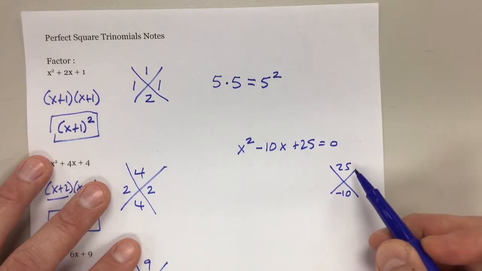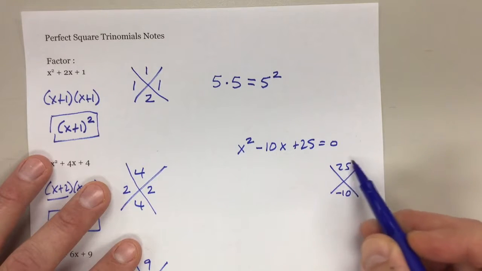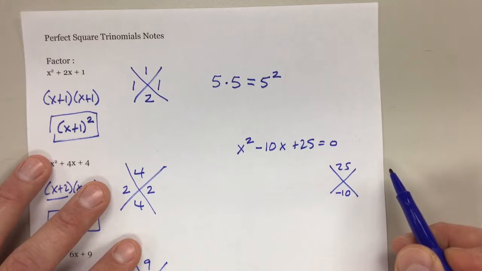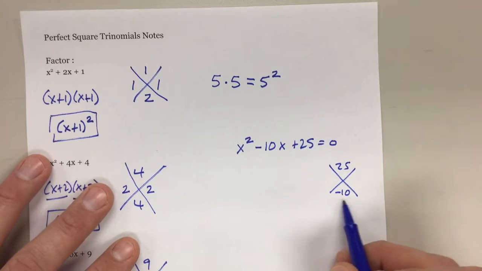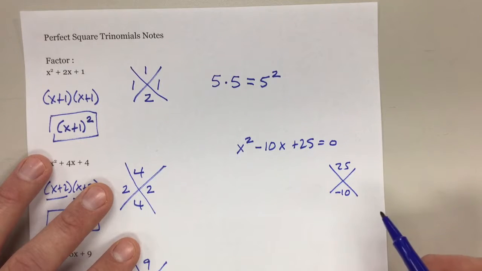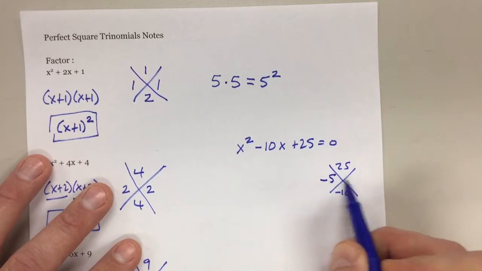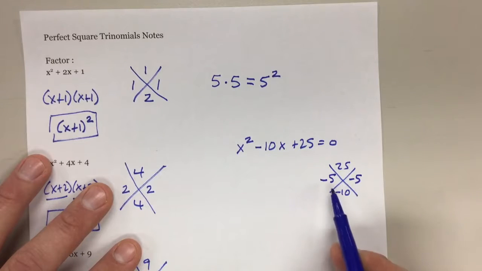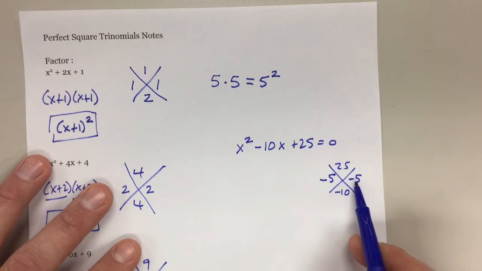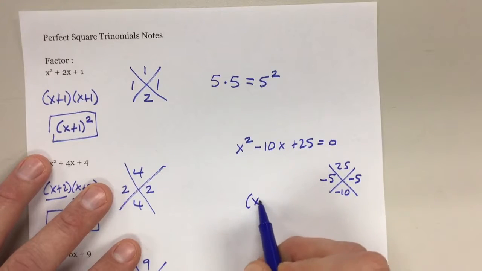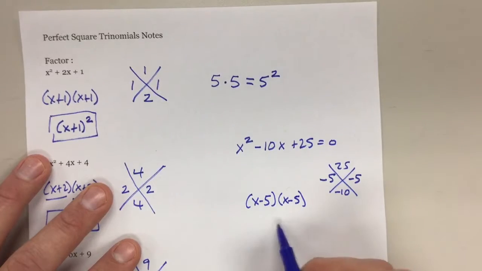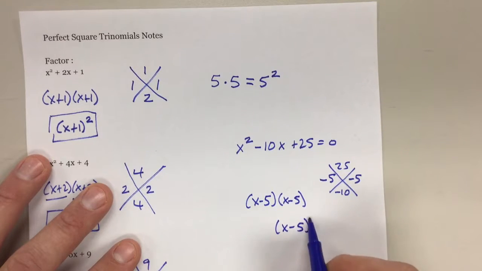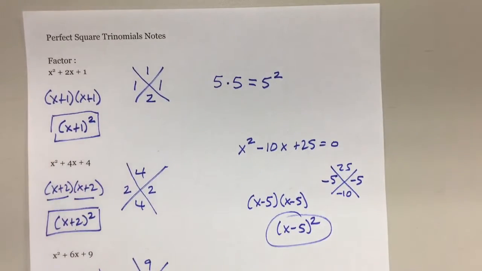Well, if two numbers are going to multiply to be positive 25, they either both have to be positive or they both have to be negative. And since they have to add up to negative 10, that means that both numbers will have to be negative. So negative 5 and negative 5 work, because negative 5 plus negative 5 is negative 10, and negative 5 times negative 5 is 25. So my factors are x minus 5, and since they're the same, I can write them as x minus 5 squared.